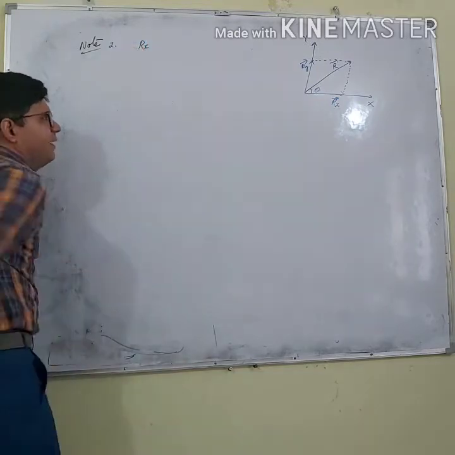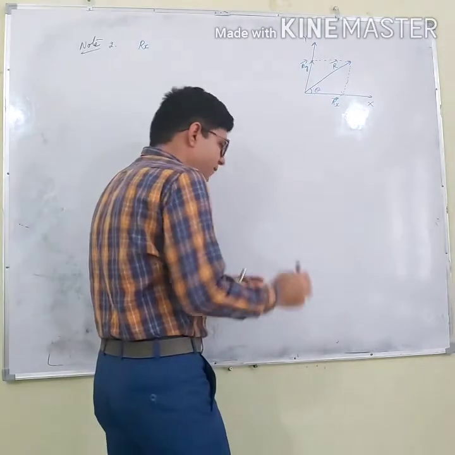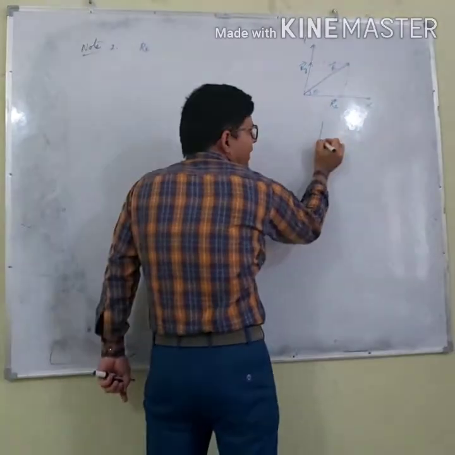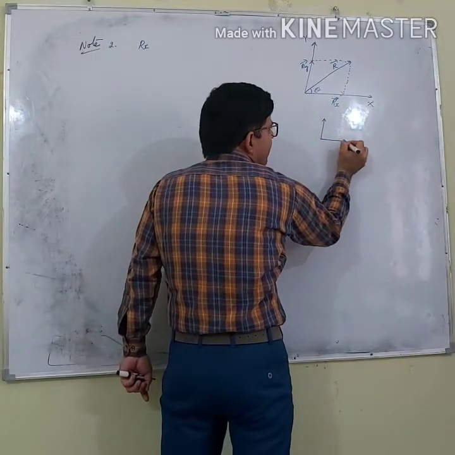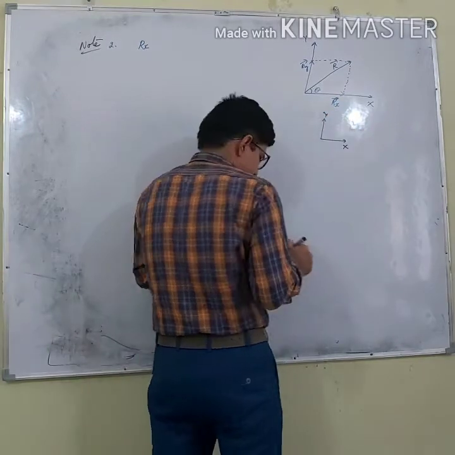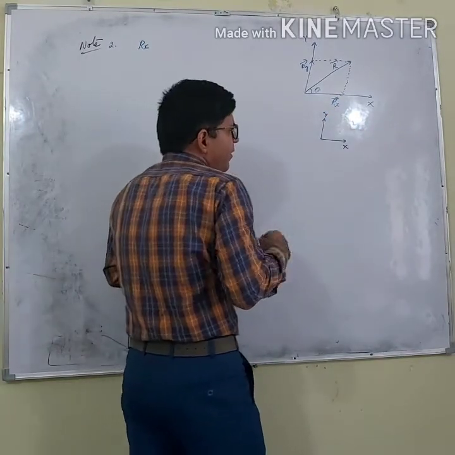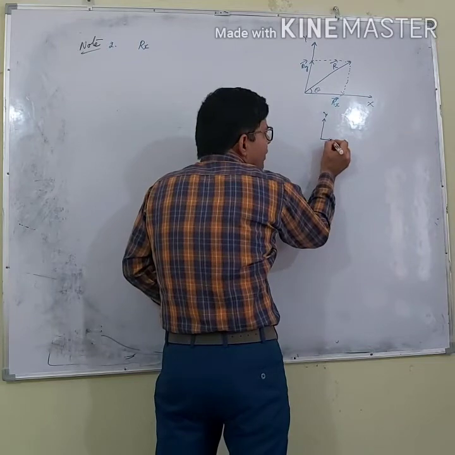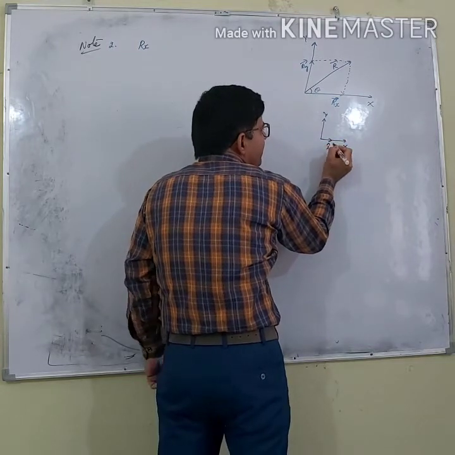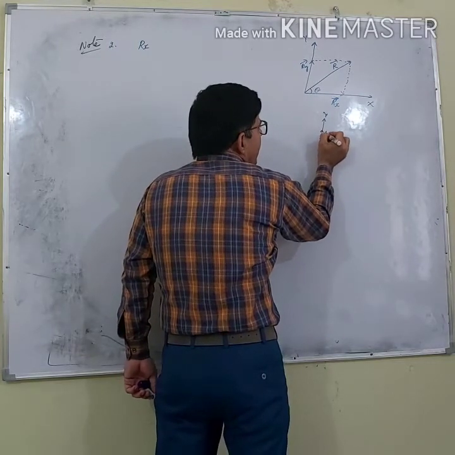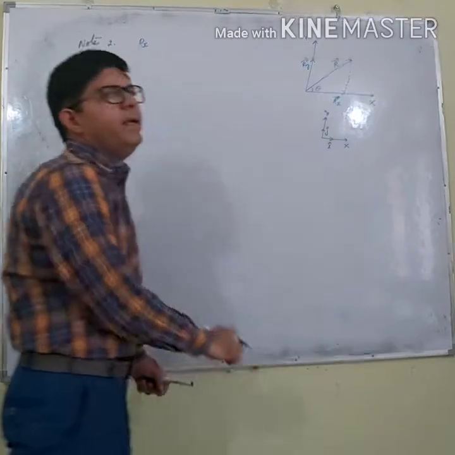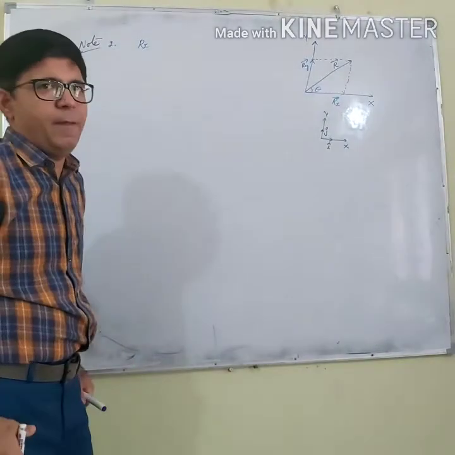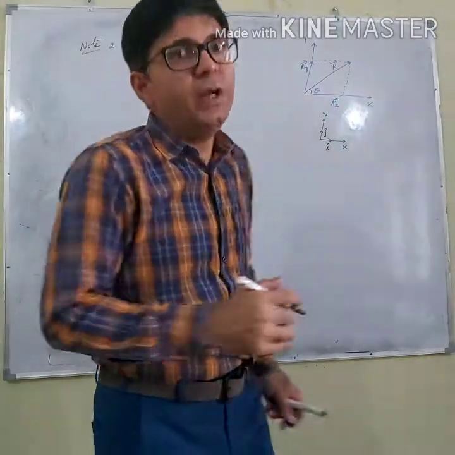Rx, and one more point that we have done, that if this is x-axis and y-axis, we have done that the unit vector along x-axis is i cap and unit vector along y-axis is j cap. And what is the purpose of unit vector?